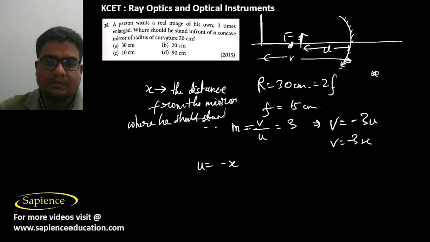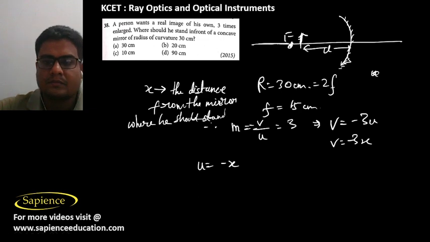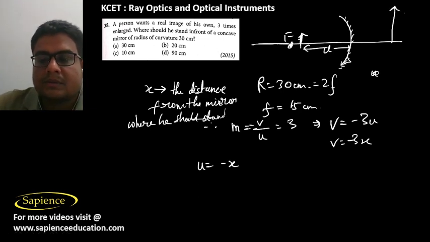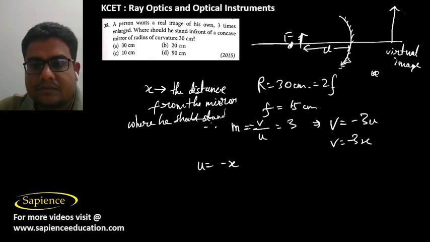Sorry, here the figure is slightly wrong. v should be somewhere here. The image should be found somewhere here. So it is a virtual image which is found behind the mirror, which is 3 times enlarged.